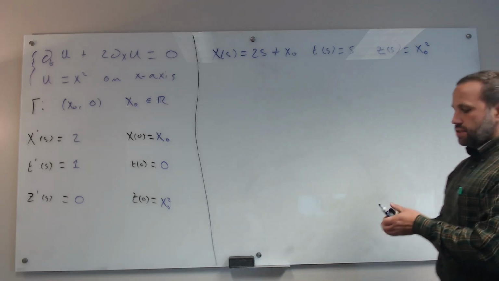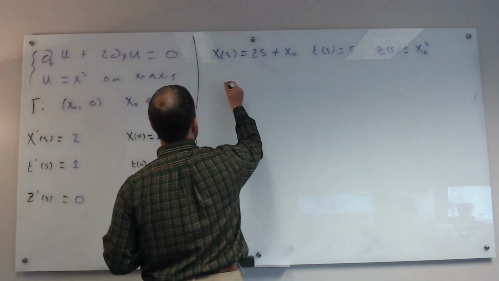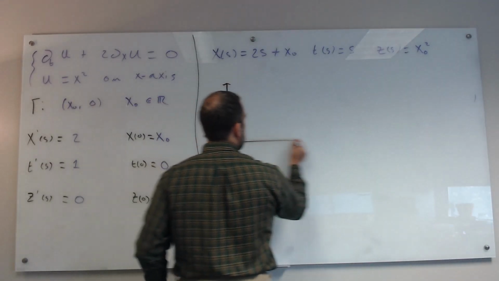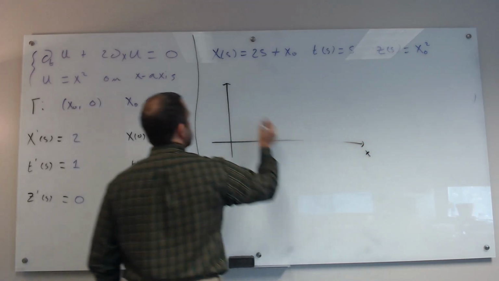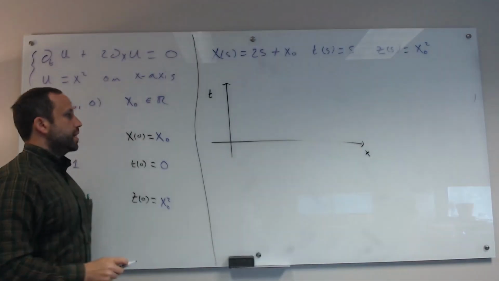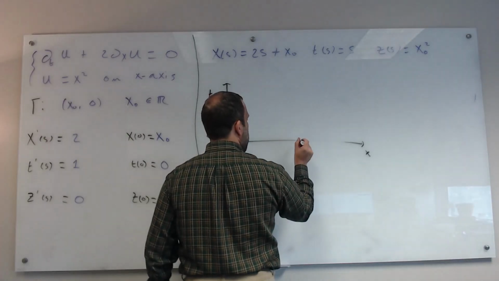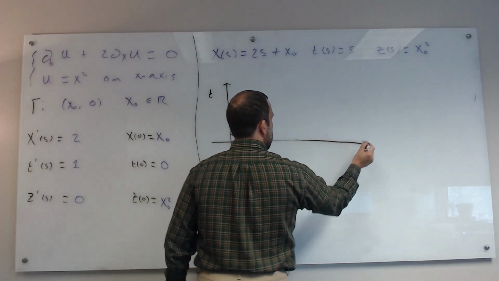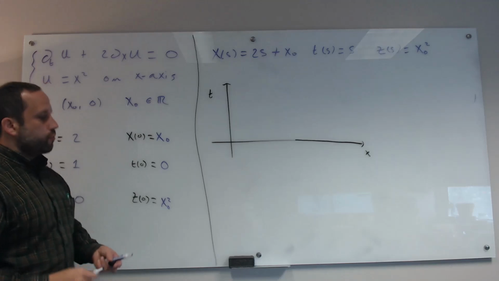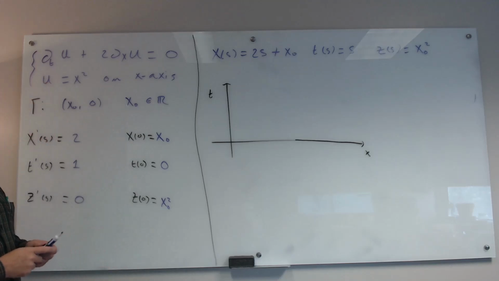All right, now what I like to do, just to get a visual of what's happening here, is sketch some of the characteristics, as best as I can. I'll probably have to redraw these coordinate axes each time because the curve will be a little bit different.